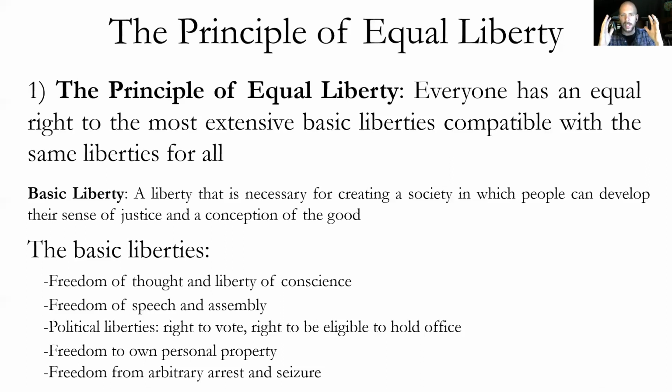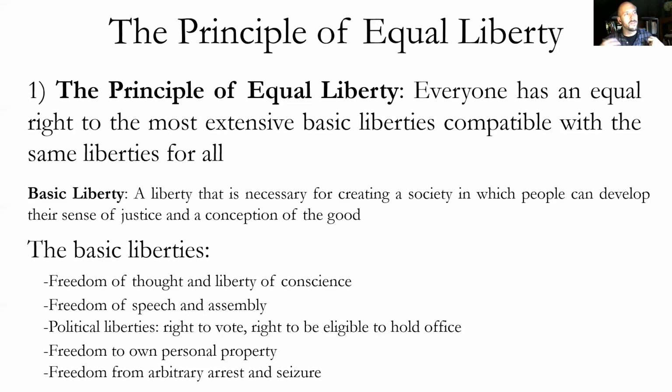And the limits to that sphere are going to be determined simply by other people's freedoms and liberties, right? That my liberties or rights end where yours begin. That's a kind of cliche phrase that you hear. That's essentially what Rawls is giving voice to here.